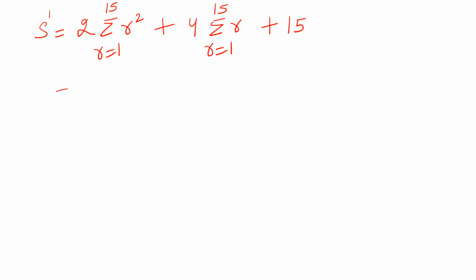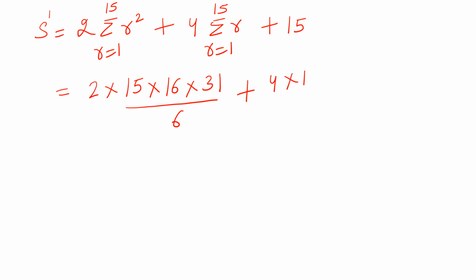Now using the appropriate formulae, the value of S dash becomes equal to 2 into 15 into 16 into 31 divided by 6, plus 4 into 15 into 16 divided by 2, plus 15.